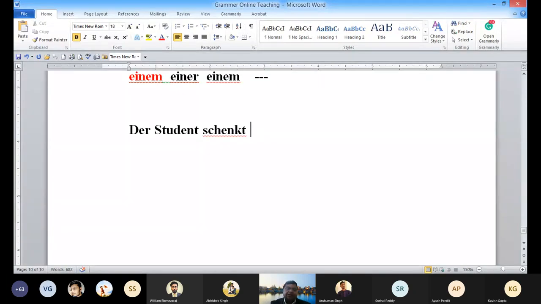So verb becomes schenkt. The student presents to the teacher. For that you will write dem Lehrer, L-E-H-R-E-R, Lehrer. And what is presenting? A book, ein Buch.